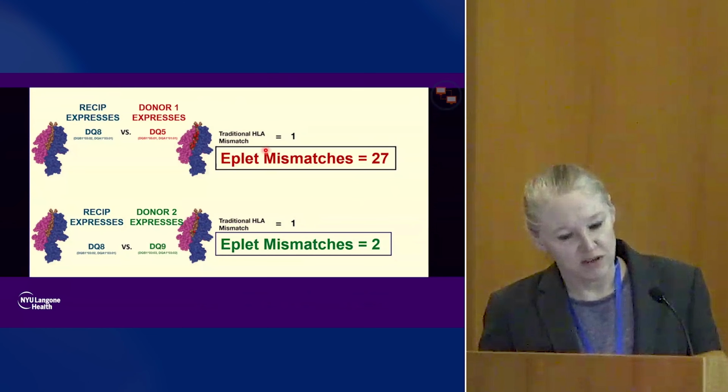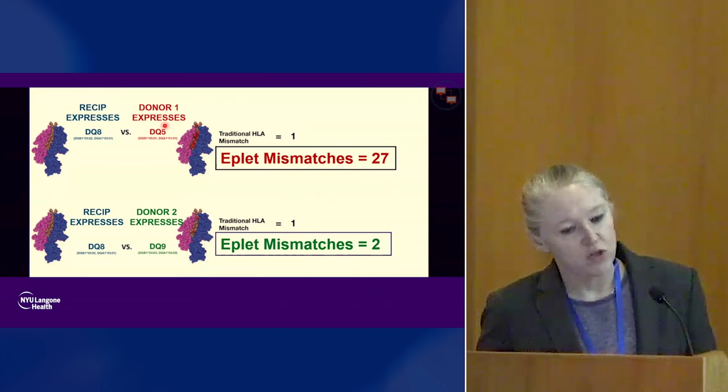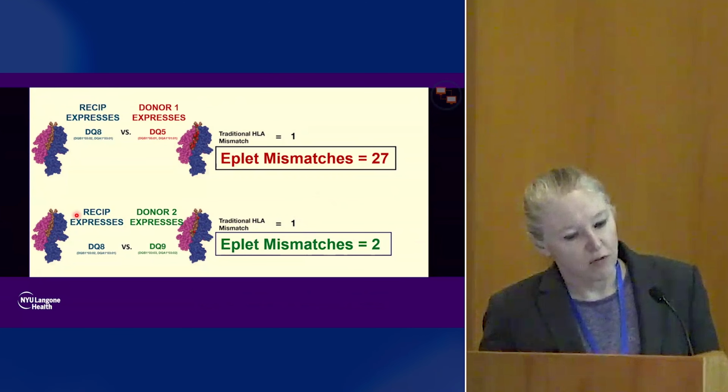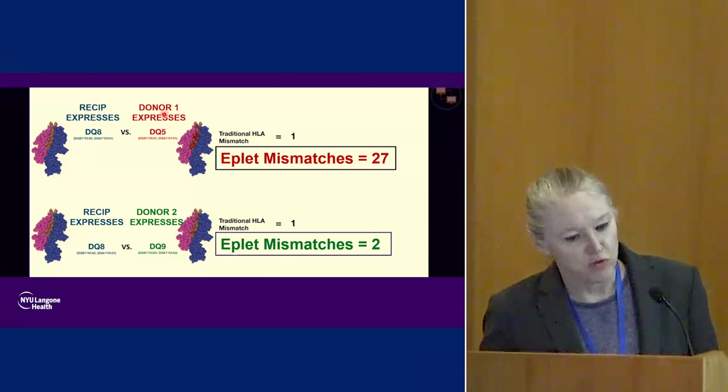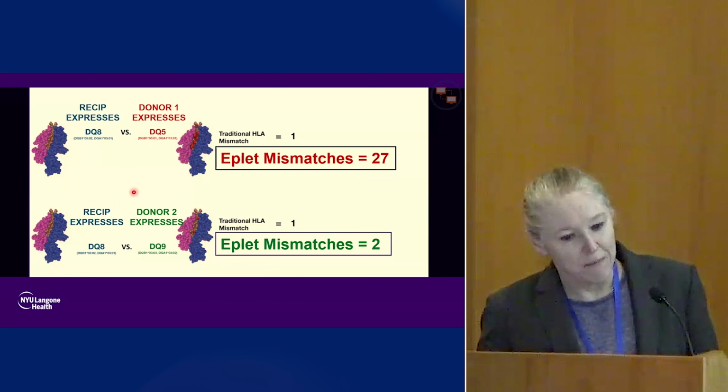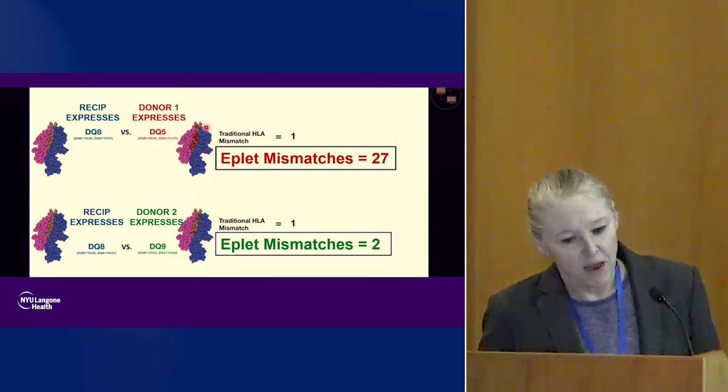And so this illustrates on a very distilled down level how we do that. So here we have a recipient that has this genotype DQ8 and two potential donors. So we know that they're not matched at this locus, but if you look at this single antigen mismatch, a DQ8 versus a DQ5, and you count the EPLETs that are mismatched, well, here there are 27 EPLETs that are mismatched.